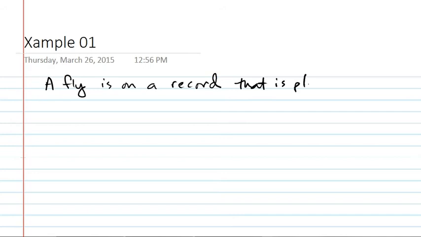Anyway, a fly is on a record that is playing at 33 1/3 revolutions per minute. So that's the standard playing speed for an old record album.